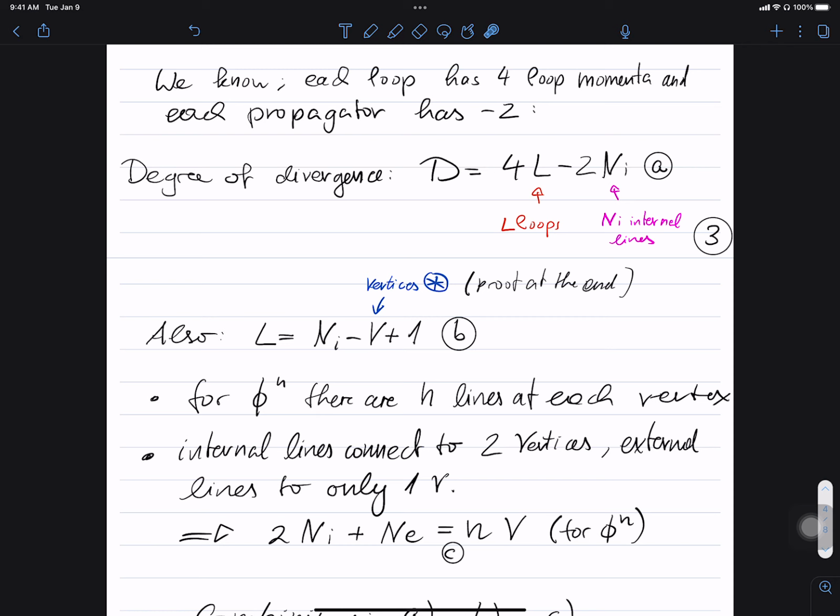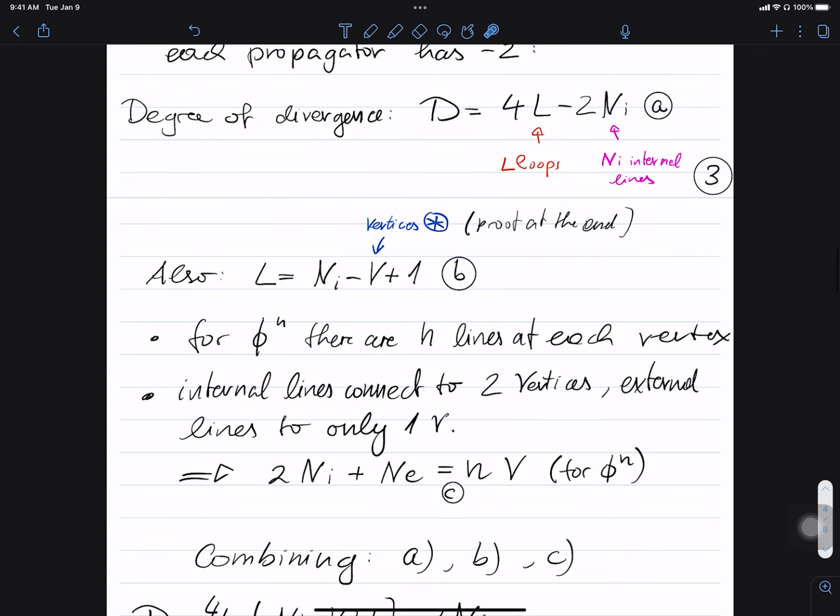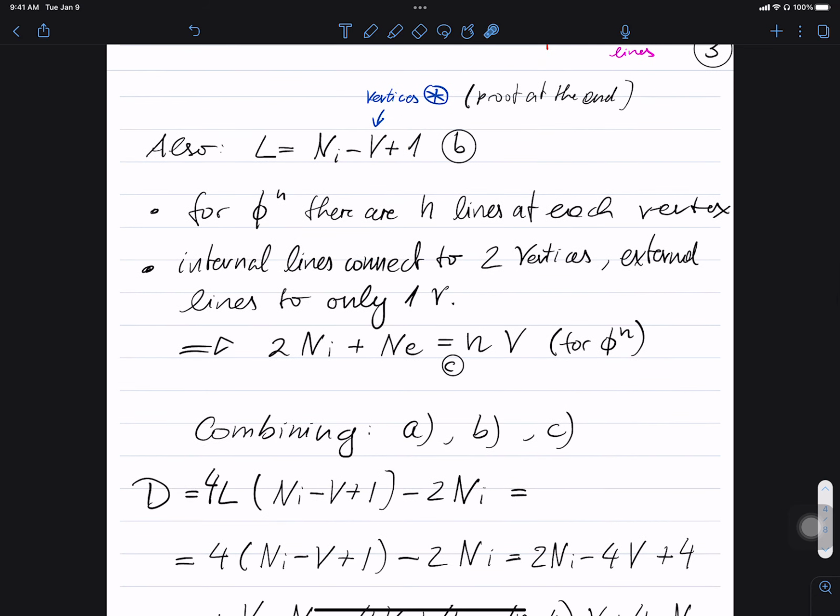Now there are some general statements we can also make. Namely that the number of loops is equal to the number of internal lines minus the number of vertices of the diagram plus 1. And I will prove this statement in a second. So now for phi to the n theories, there are n lines for each vertex.